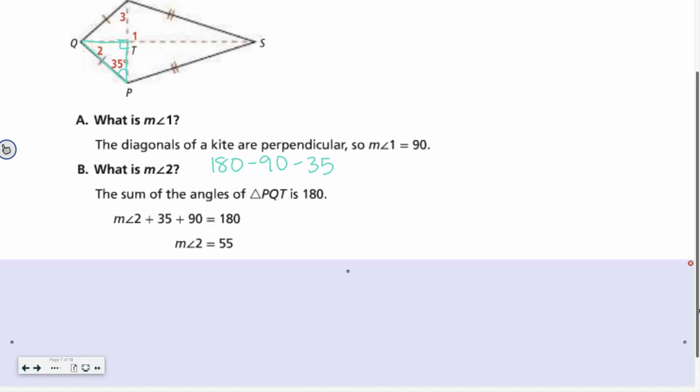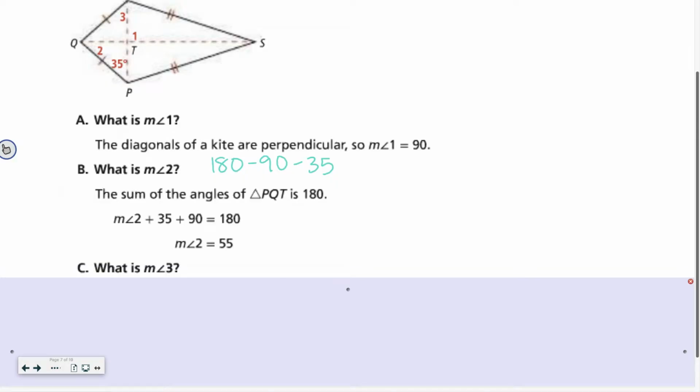Then our very last question is, what is the measure of angle 3? Well, if we look at this slightly larger triangle, remember how we said adjacent sides on a kite are congruent, or we have two pairs of them? Well, if I highlight those, you can see I outlined an isosceles triangle.